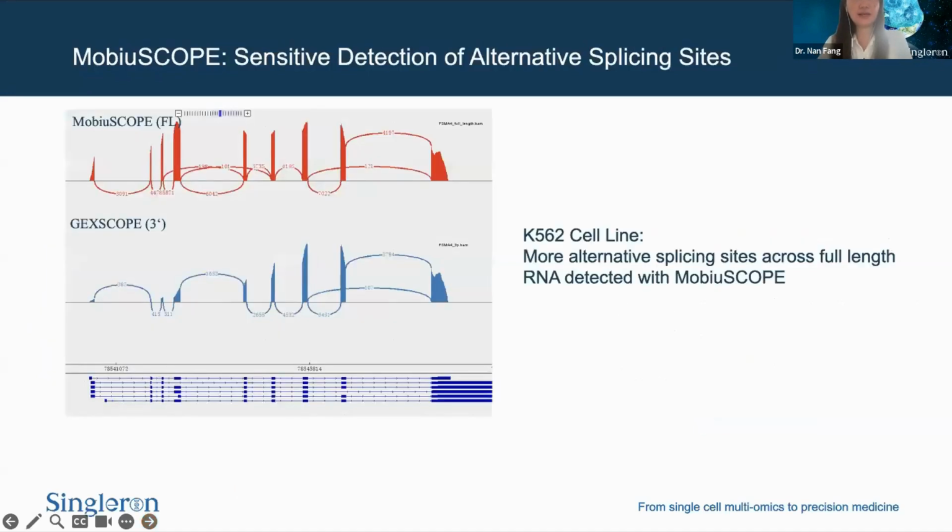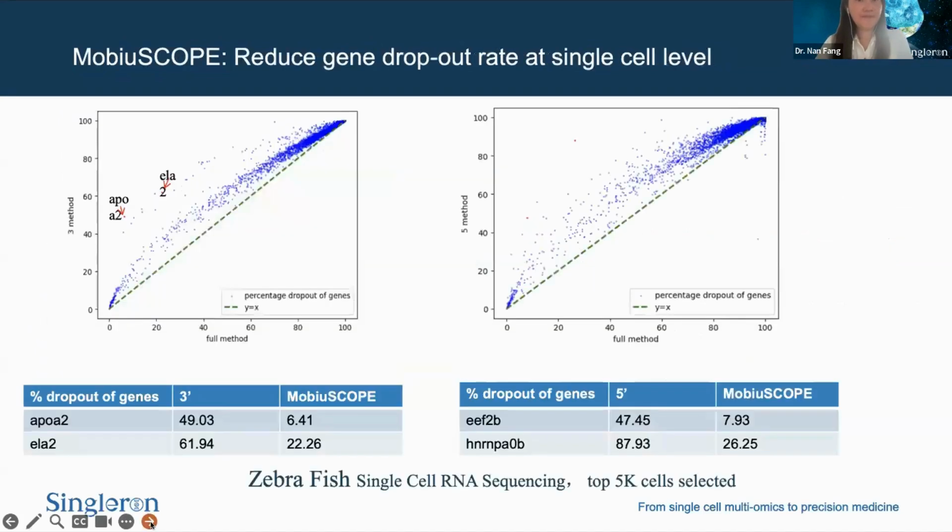And here again, this plot also shows that in the K562 cell line, we could detect those alternative splicing sites, no matter where they are regarding position on a gene. Okay.